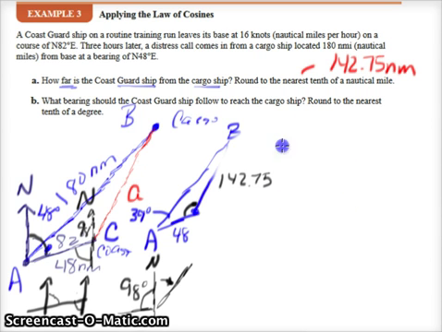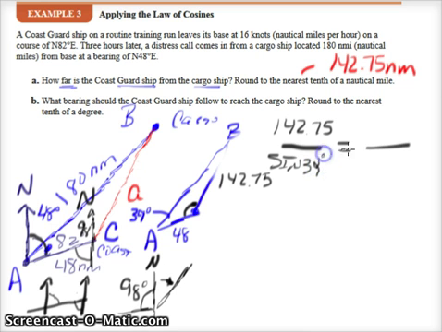So 142.75 over the sine of 34 is equal to 180 over the sine of C.